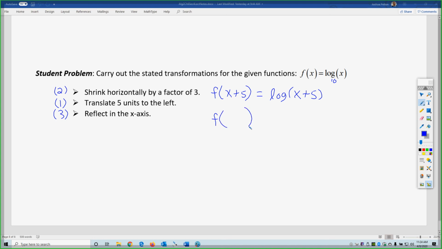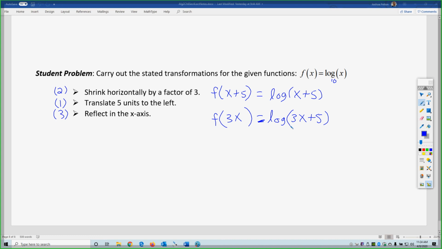So if I'm shrinking, I actually have to multiply by a factor of 3. So I get log of 3x plus 5. Remember, the inside's counterintuitive. So shrink would be the multiply, and stretch would be the divide.